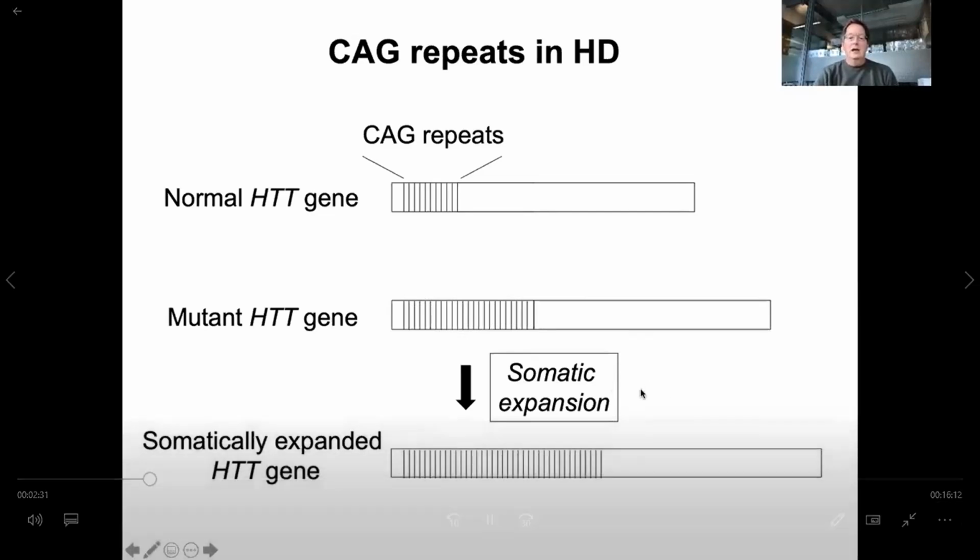In addition, in those individuals as they grow, there are ongoing mutations. Especially in the brain of HD individuals, additional CAG repeats get added to that HTT gene. They make it even longer and longer. This bottom category is called the somatic expansion, which happens within the body of the individual.